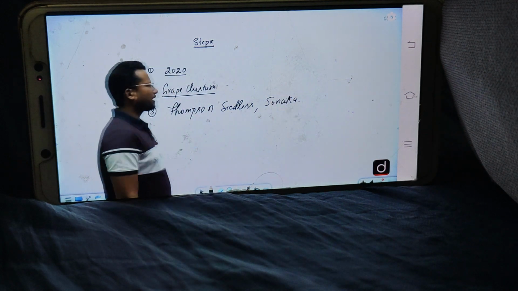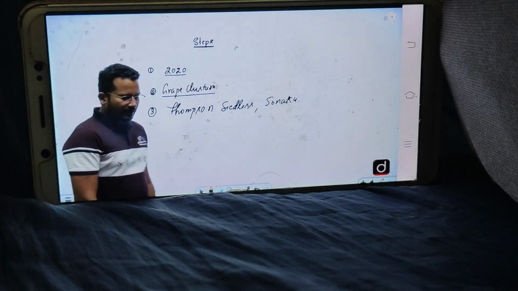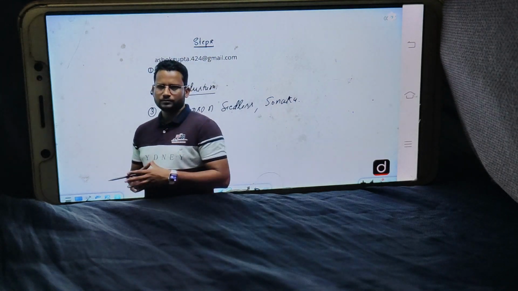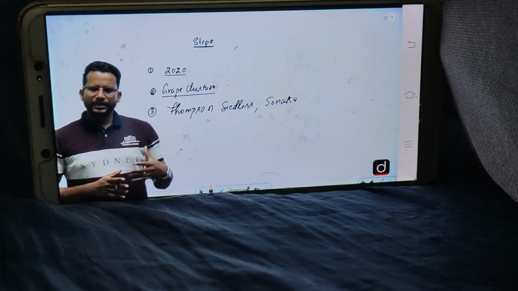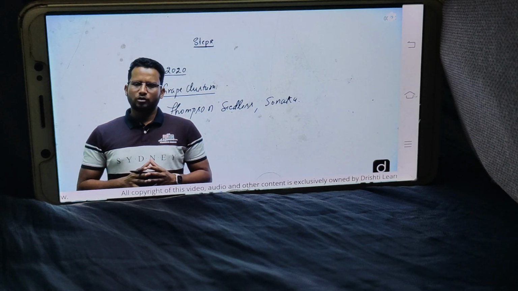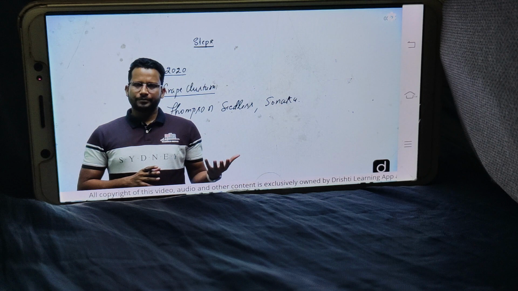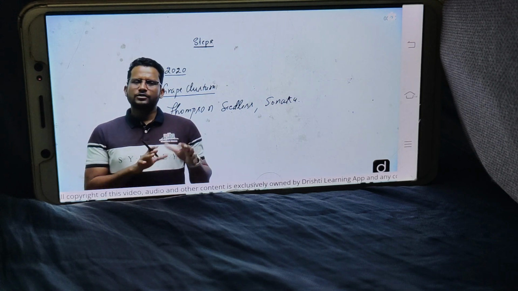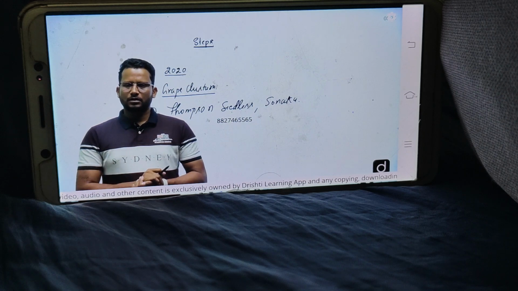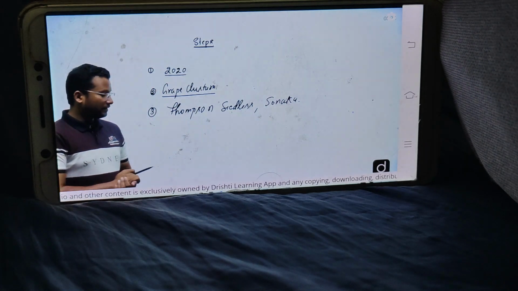So Thompson seedless, Sonaka, etc. And you can say that these varieties are known for high level of production, superior quality, and longer shelf life. So now the production is going to be more, the quality is going to be better, and you can keep those grapes for a long period of time because their shelf life is long. So this is another step.